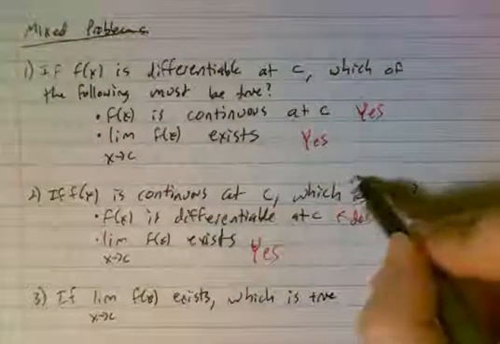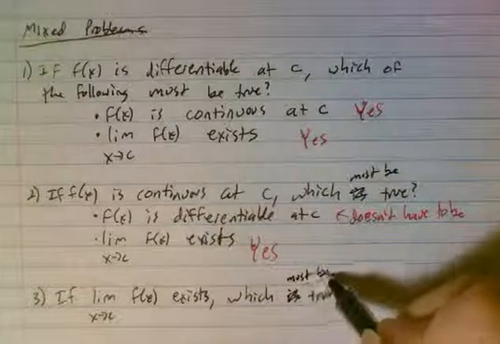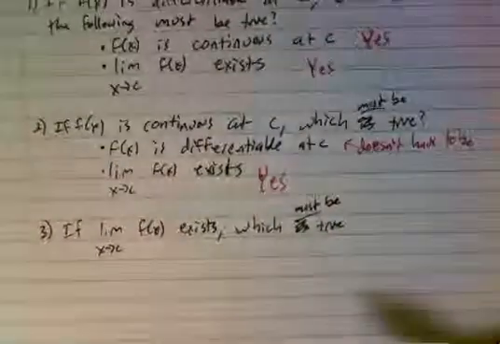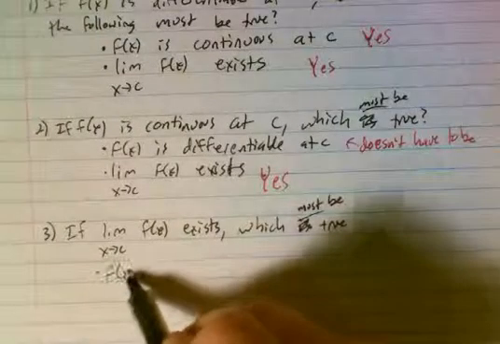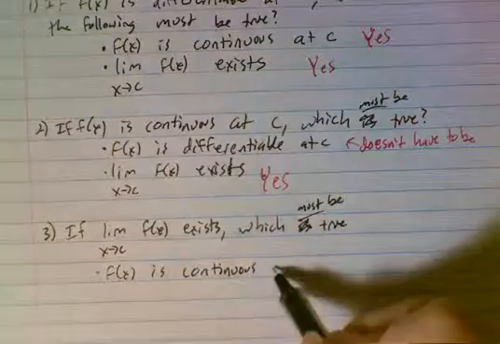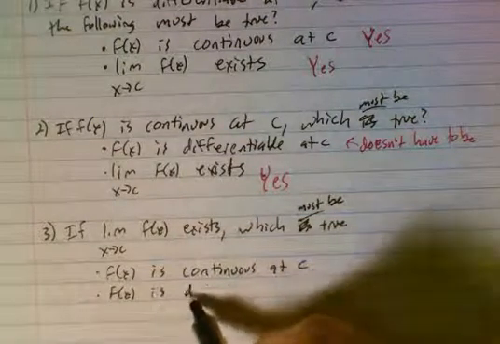Actually, I should probably say which must be. Because it could be differentiable, it just doesn't have to be. f of x is continuous at c, f of x is differentiable.